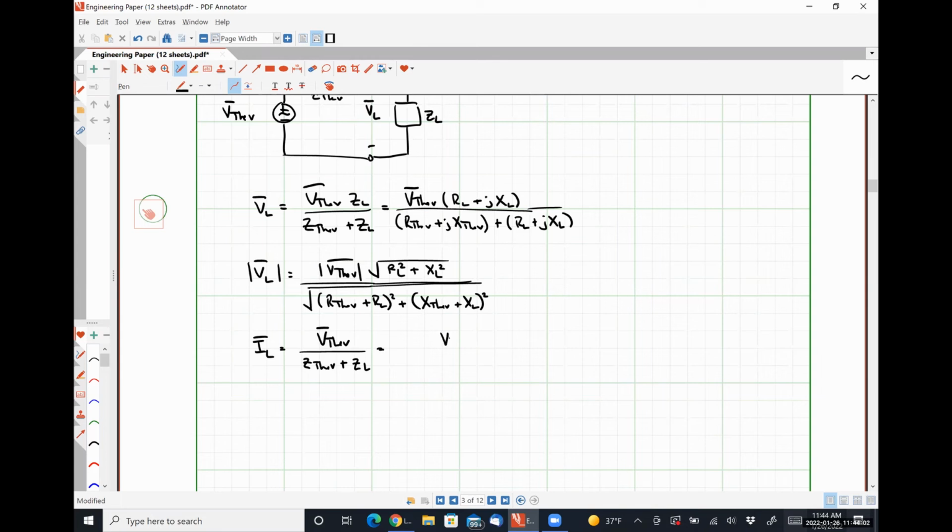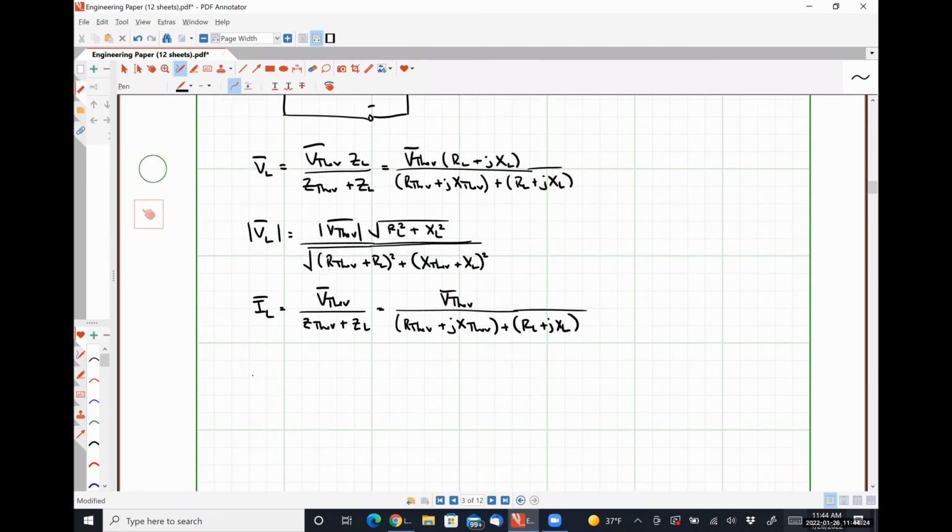So that's going to be V Thevenin divided by R Thevenin plus jX Thevenin plus RL plus jXL.